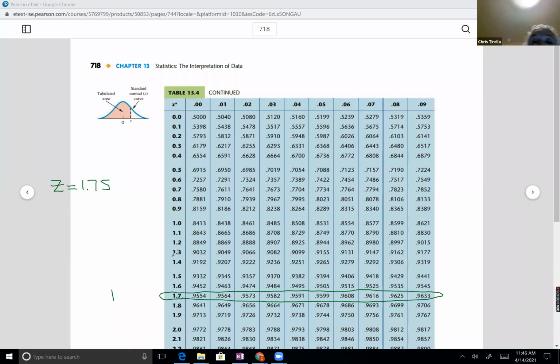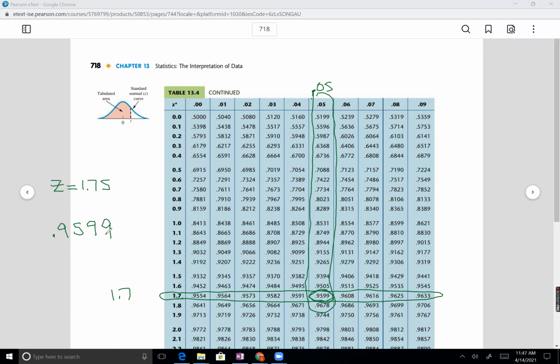The last digit is 5. So I'm going to go to the column for 0.05. And you see they overlap at 0.9599. Can everybody see that?